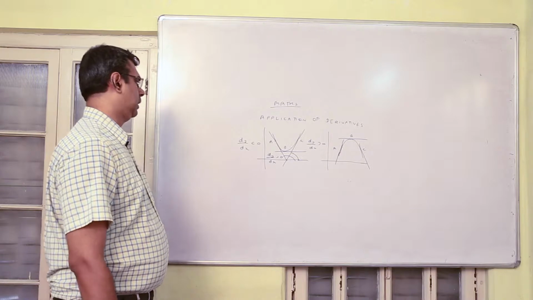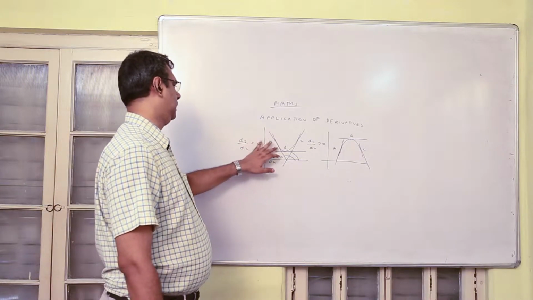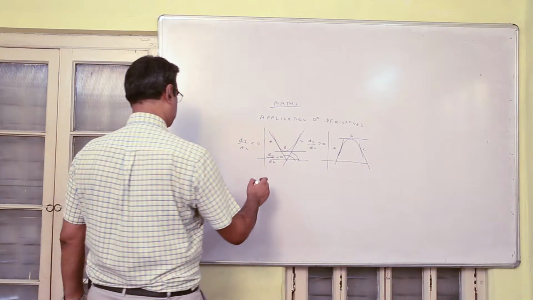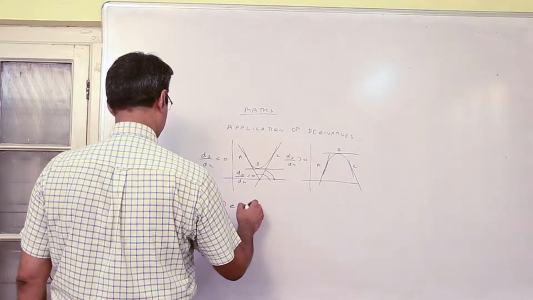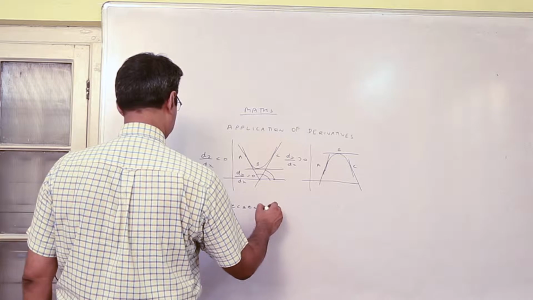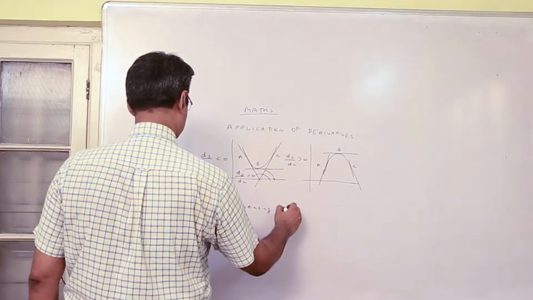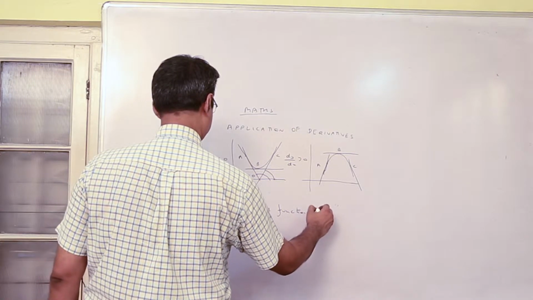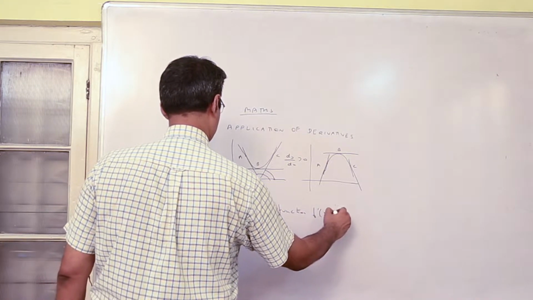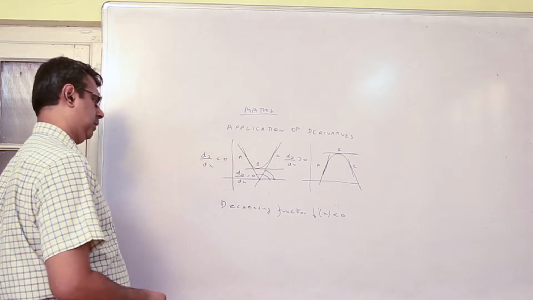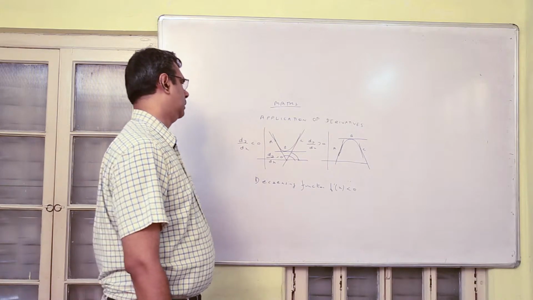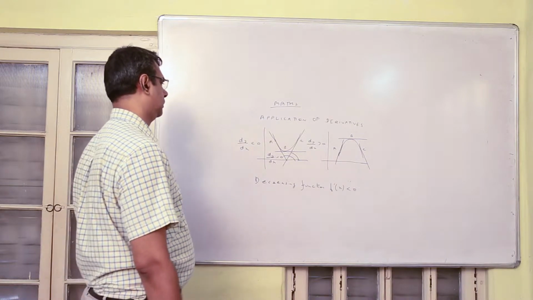You will notice one thing, that between A and B, the graph is decreasing. So that means for a decreasing function, the derivative is negative. For any decreasing function, the derivative will be negative.